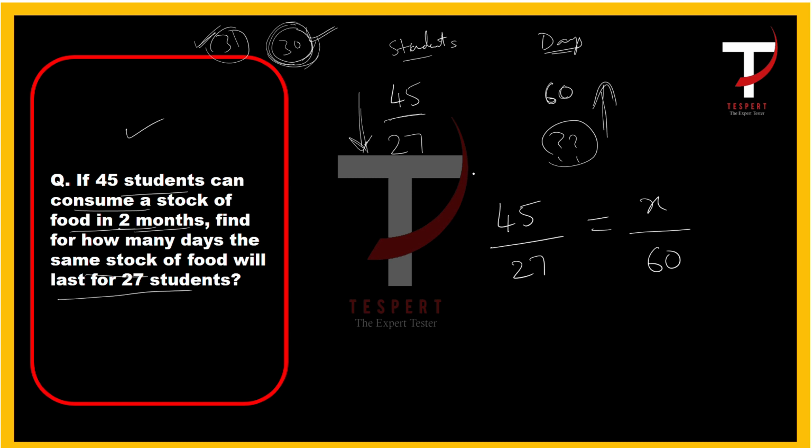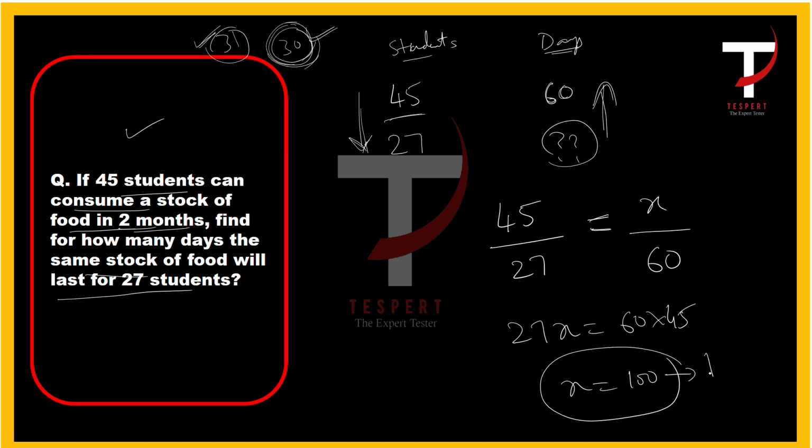But this is an indirect variation, so 45 by 27 is equal to x by 60, not 60 by x, right? So this will be inverted, because this is an indirect variation. So calculate, 27x is equal to 60 into 45 and x is equal to 100. What is 100? 100 days. So for 27 students, the stock of food will last for 100 days.